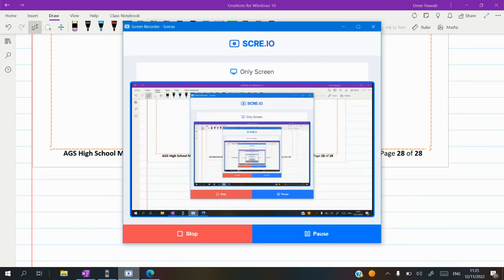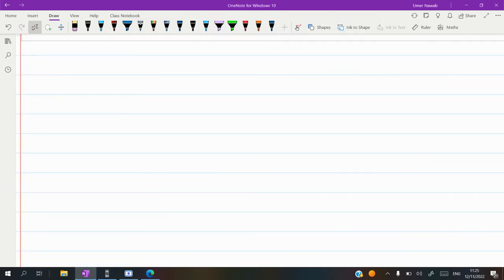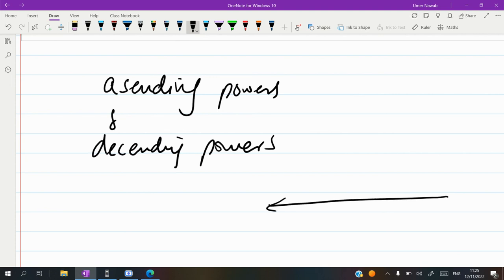I hope, guys, you understand this type of explanation, but be careful in the exam about ascending powers and descending powers of x. Because if in the exam he said descending powers, you have to look from the right to the left, or ascending, or maybe sometime from left to the right, you have to look the powers.